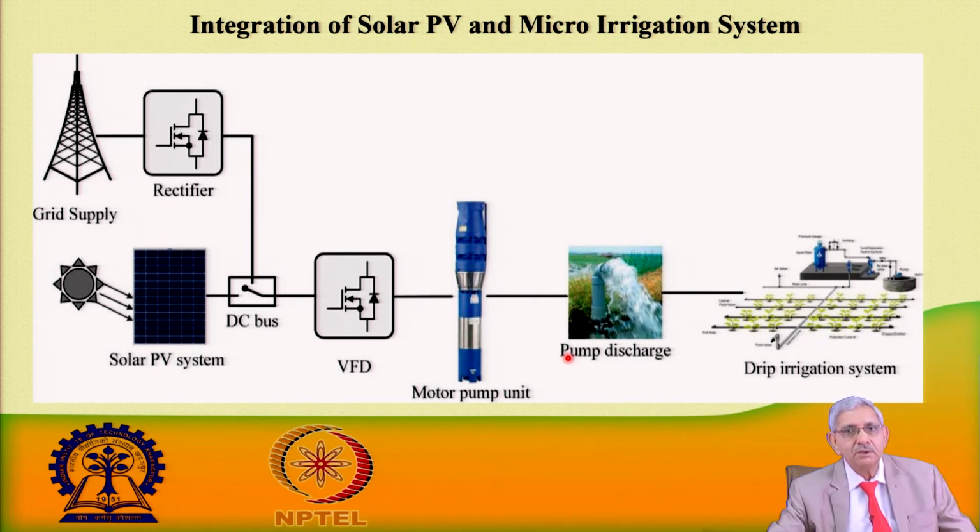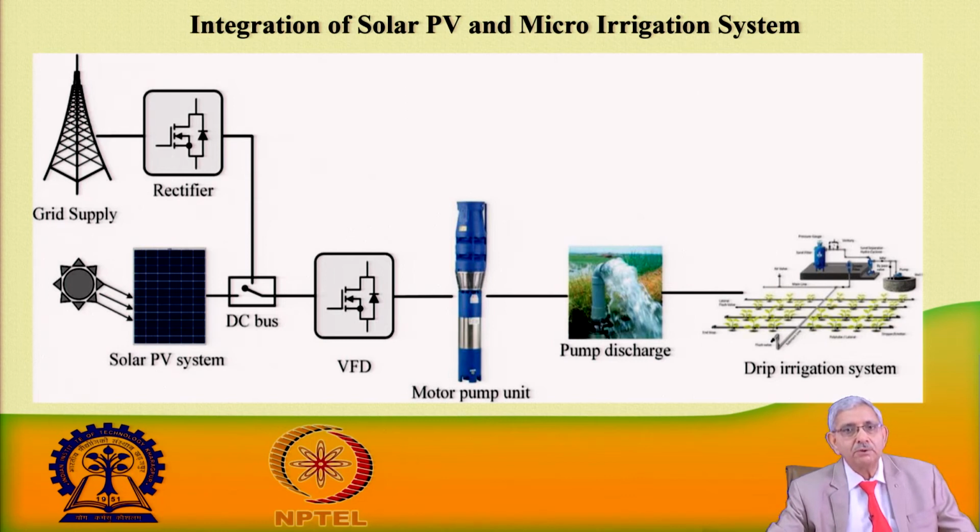One has to know how the discharge, meaning the power or discharge available from the pump, will generate the pressure. That pressure matches with the requirement of the pressure when we are connecting with the drip irrigation system, micro sprinkler system, or sprinkler irrigation system.